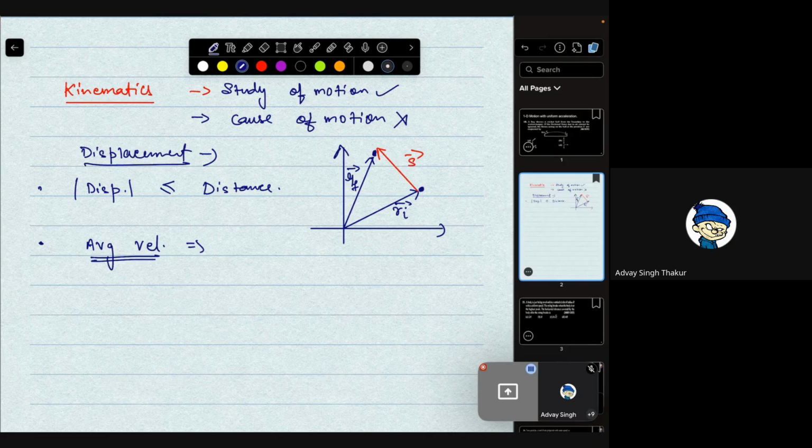What next? Average velocity. What was average velocity? Total displacement by total time. That is r_f minus r_i is your total displacement, and t_f minus t_i is total time. What about instantaneous velocity?